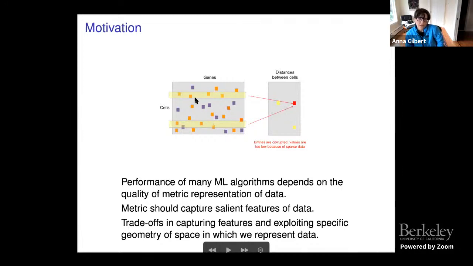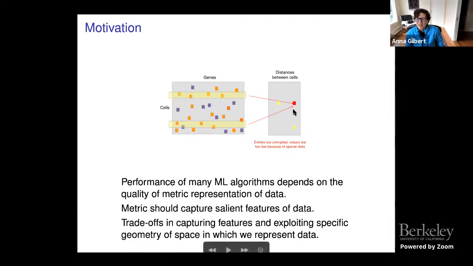So putting this information in cell space to try and cluster cells, try and classify them, try and figure out what the marker genes are for different types of cells, and try to determine the developmental trajectory of either an organism, like an embryo, or some sort of organ system developing in an embryo.